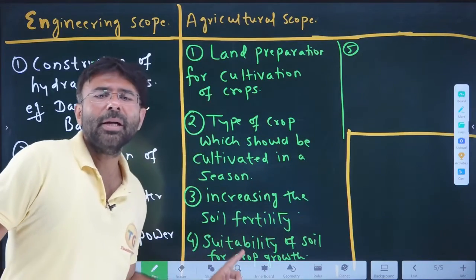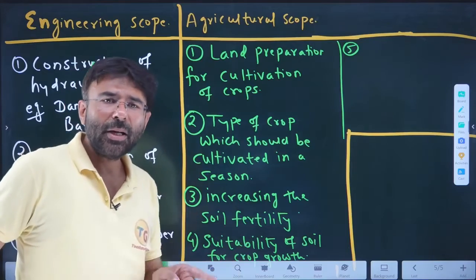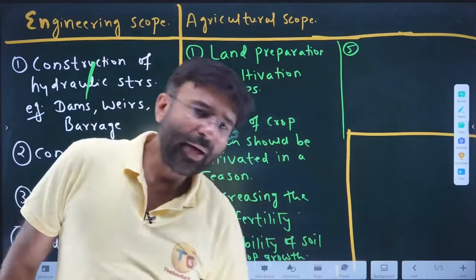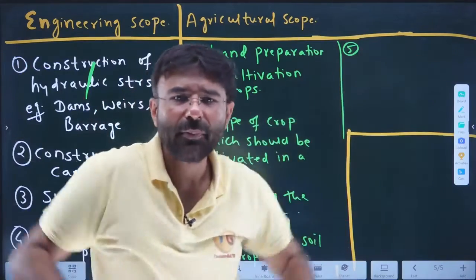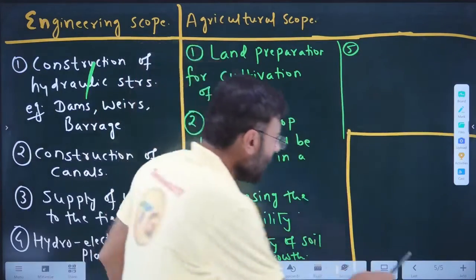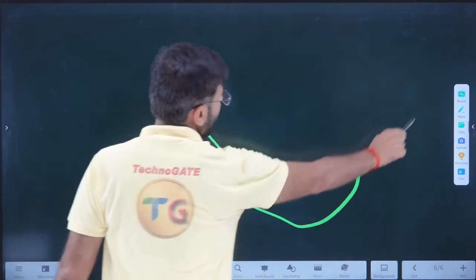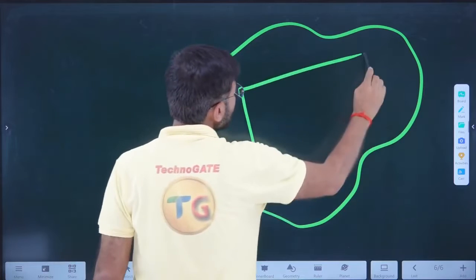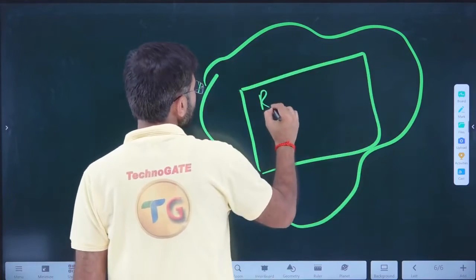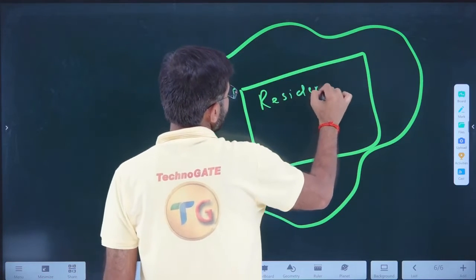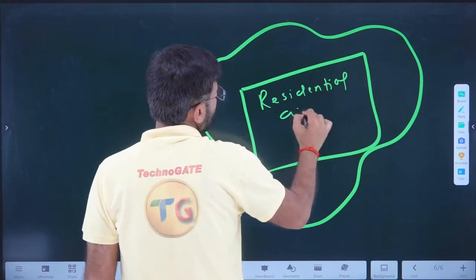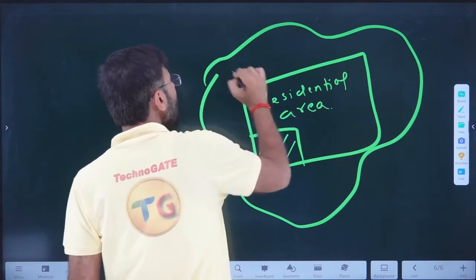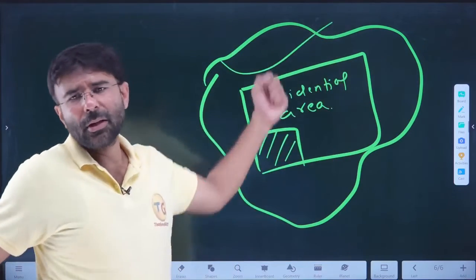So as the suitability of the soil should be decided, similarly the suitability of the land should also be decided. Whether I can cultivate a crop in between the city premises, for example, this is a physical map of a city and this entire portion is the residential area. Definitely I will not be growing my crops in this area. I will use this area for the cultivation of my crops.